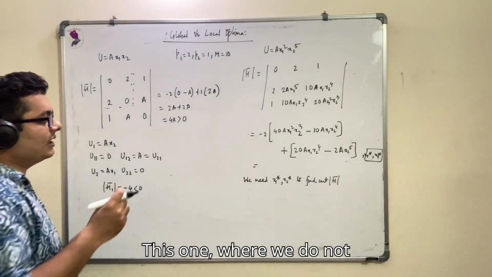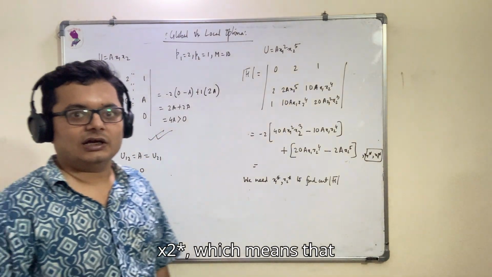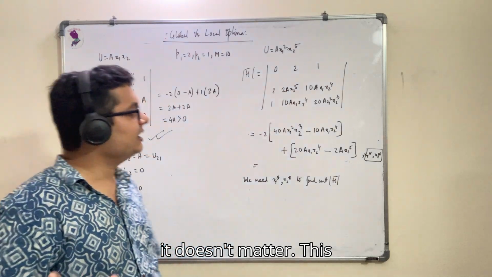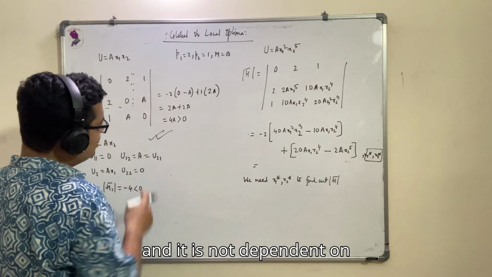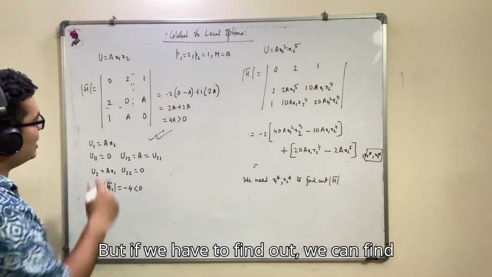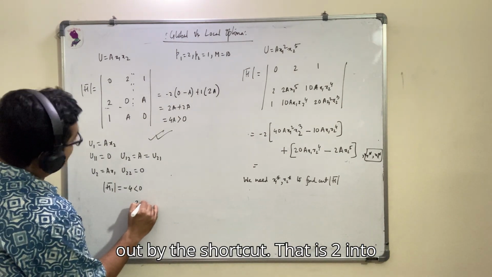In the first one, we do not need x1 star, x2 star, which means it doesn't matter, right? This function has a maximum and it is not dependent on what we got in the first order condition.